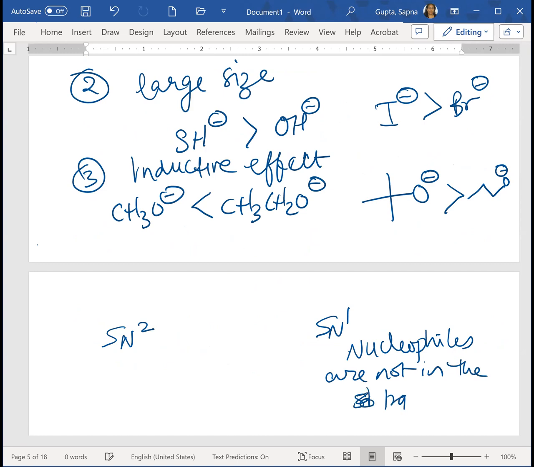It's not to say that they're not important, it's just to say that their concentration is not going to affect the rate of reaction. So in SN1, the nucleophiles are not that critical. But in SN2, the nucleophile is the key, because if the nucleophile is not good in SN2, your reaction is not going to happen.